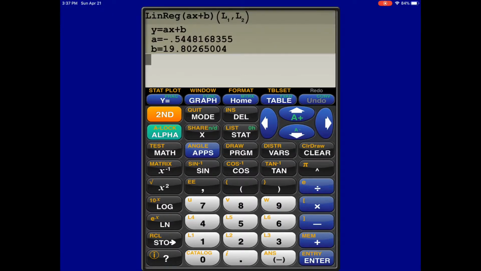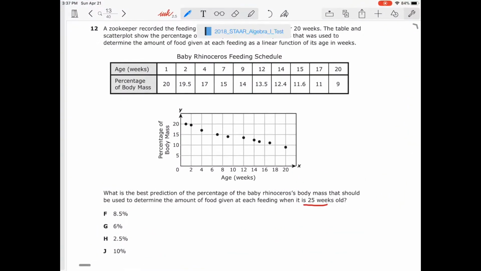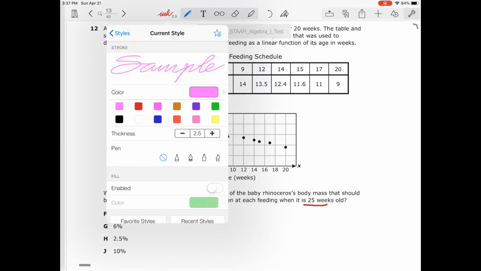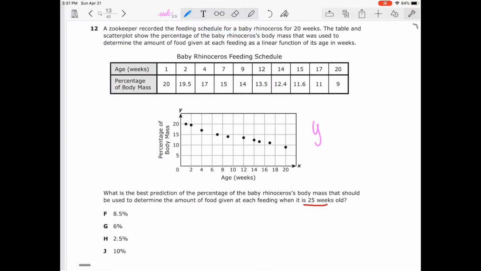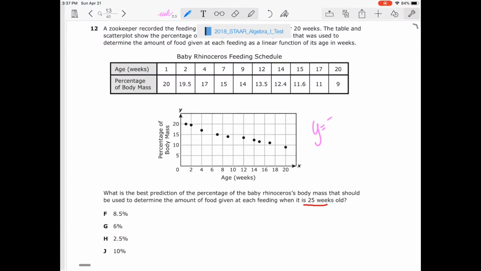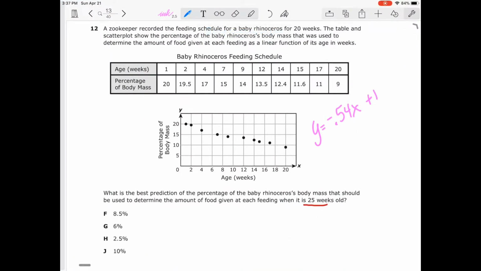And that gives me my equation: y equals negative 0.54x plus 19.8.